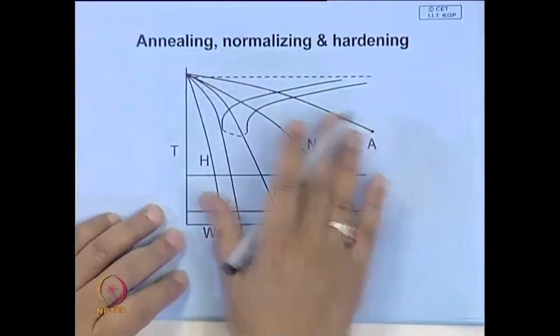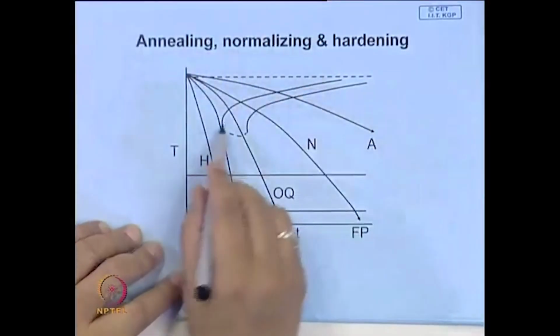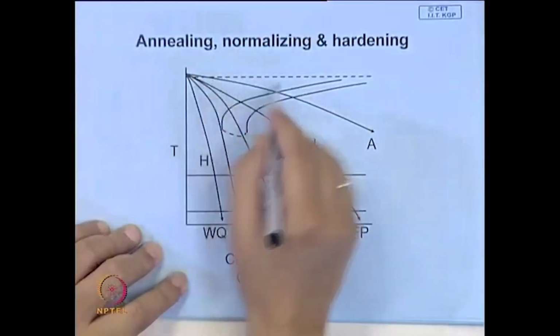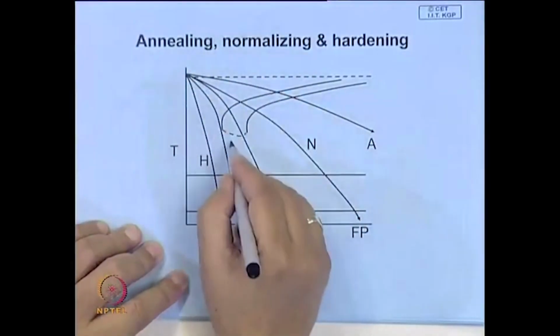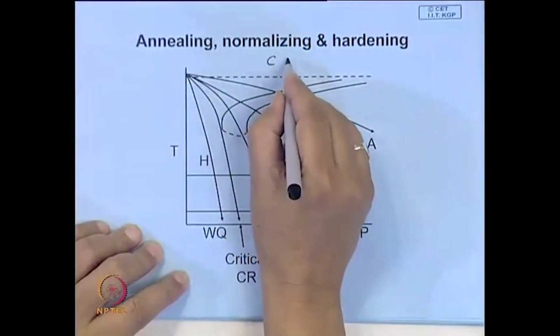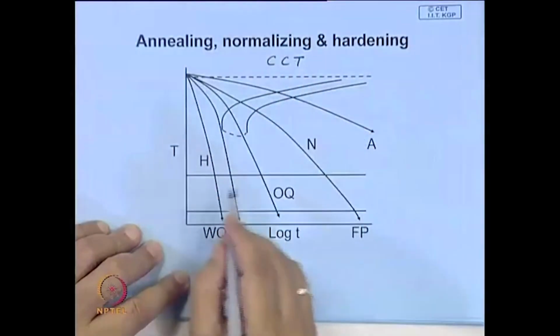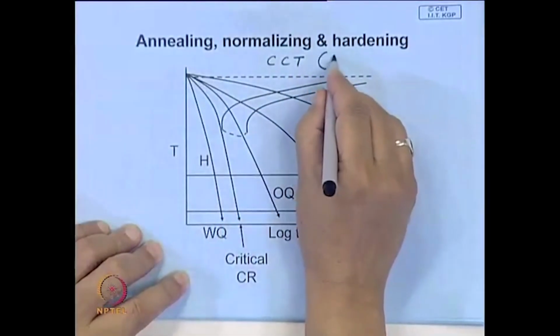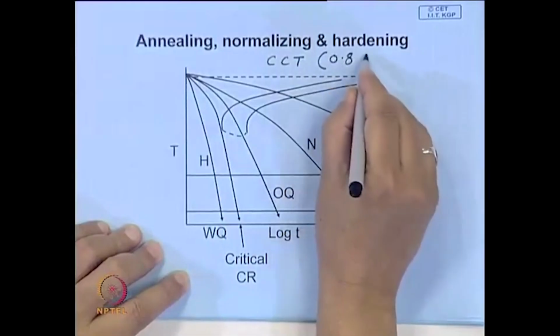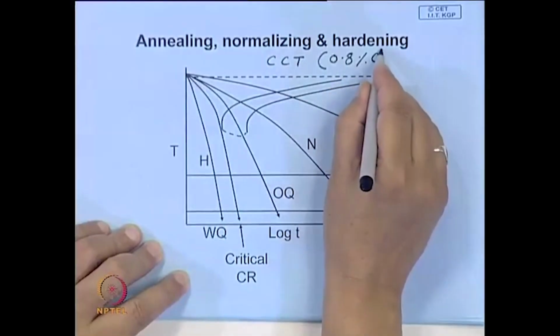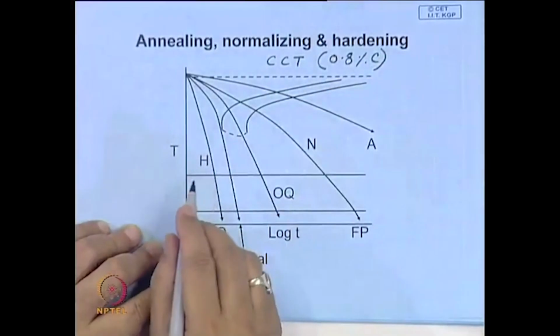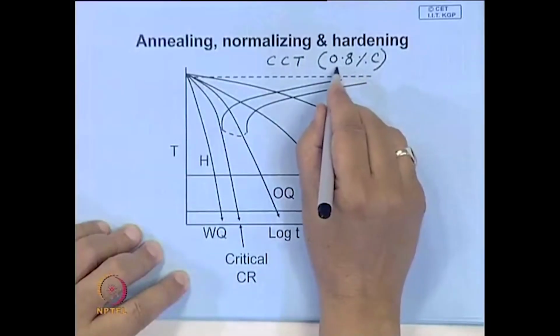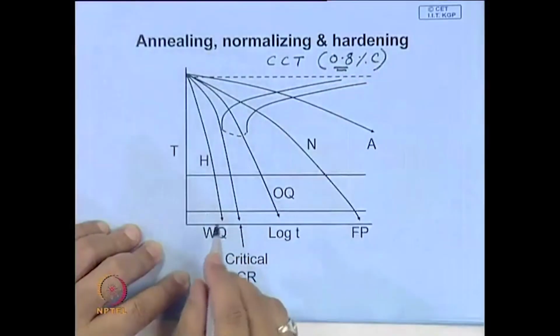If you superimpose the cooling curve on the continuous cooling diagram, what we have drawn here is a CCT diagram for 0.8% carbon steel, or more specifically eutectoid steel.